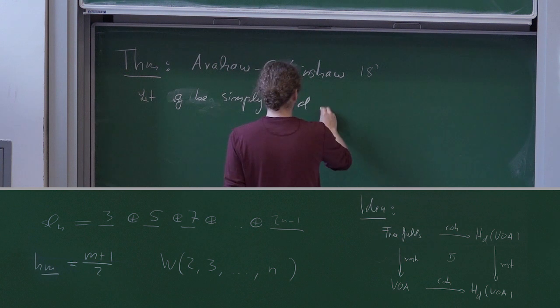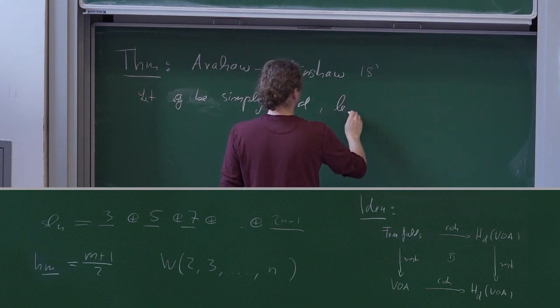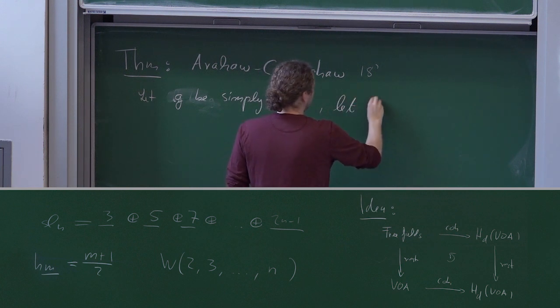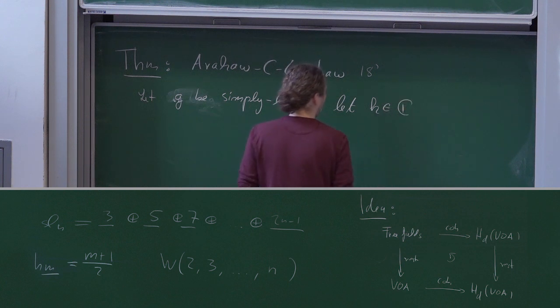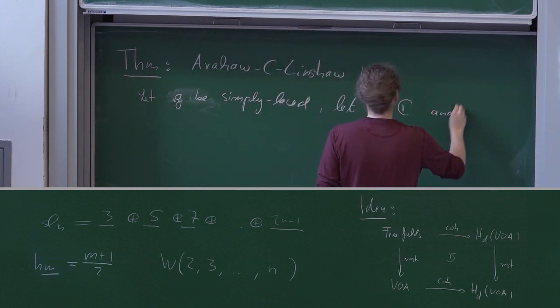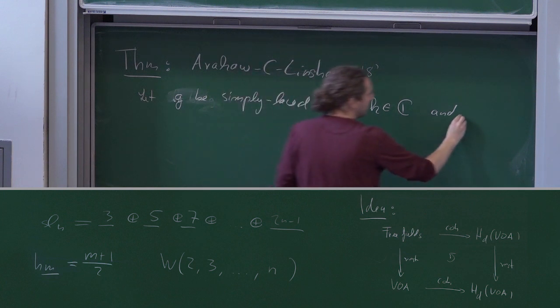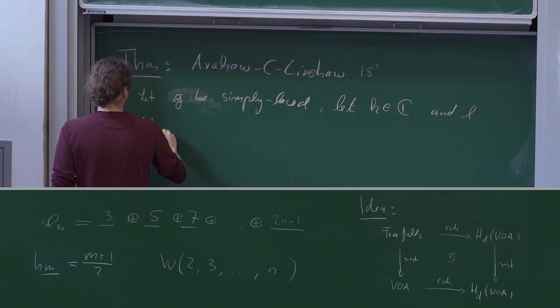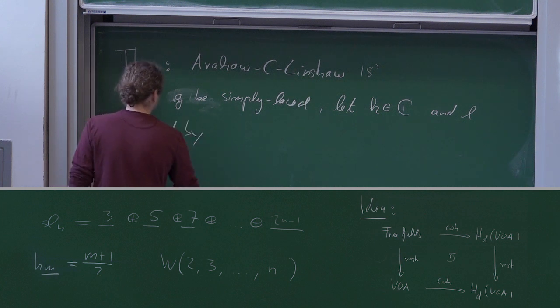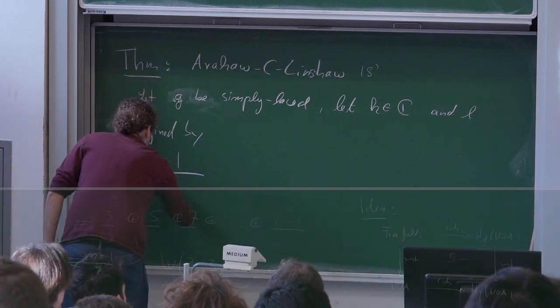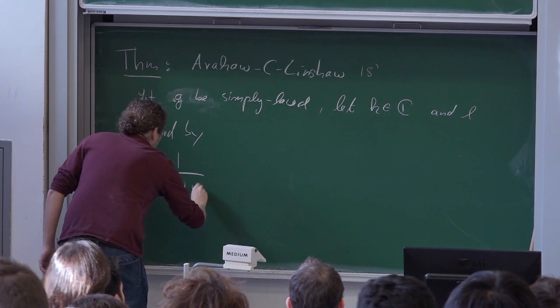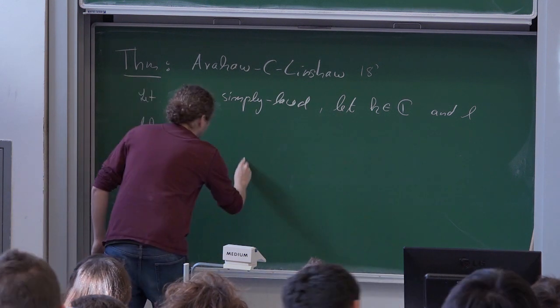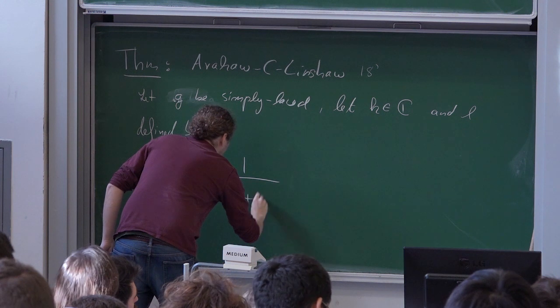Let k be a complex number, and define l by a very nice relation, which I can explain in the tutorial more if you like, because it has a nice meaning.